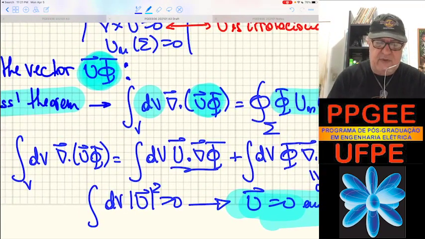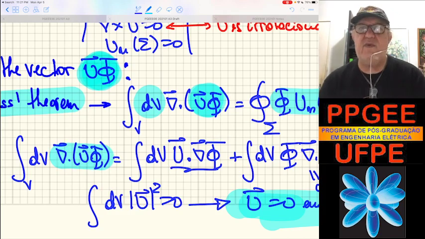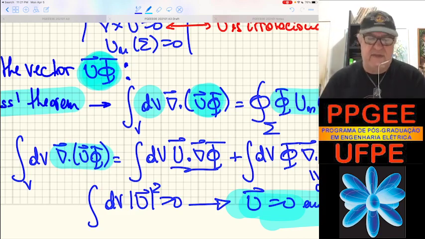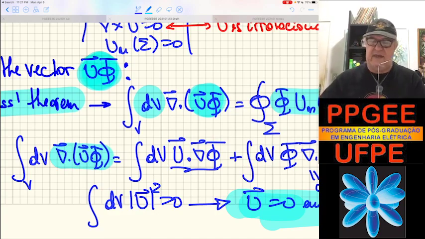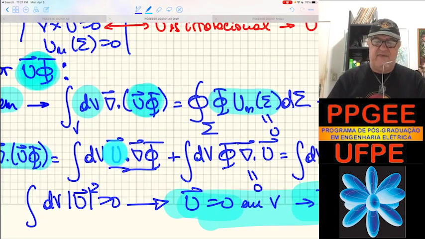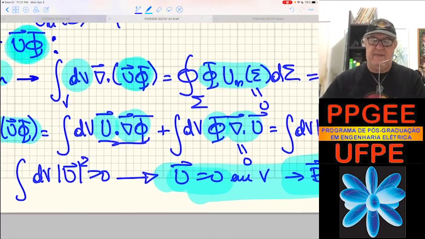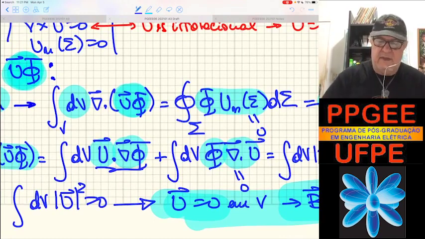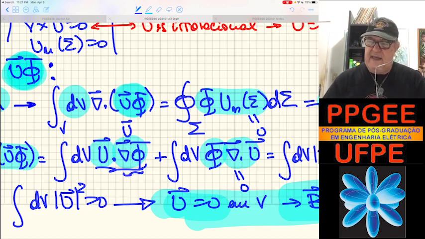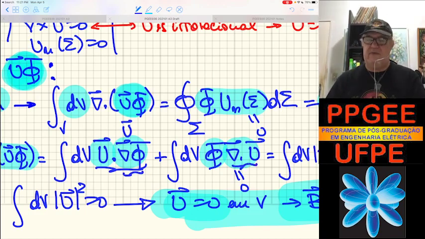Now we have to use the chain rule for the divergence of a function times a vector, which we already demonstrated: the vector dot product of the gradient, plus the function times the divergence. Well, this is U itself, right? The gradient of phi. And the divergence of U equals 0, so this term is 0.